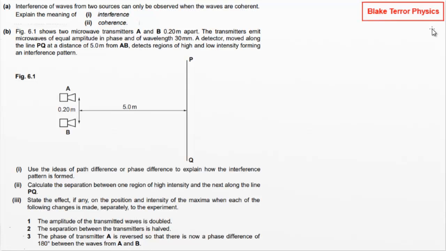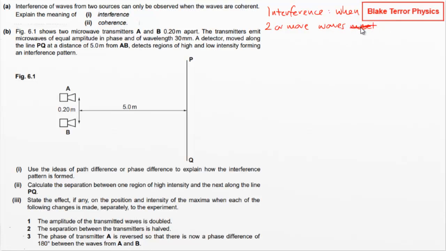Interference of waves from two sources can be observed when the waves are coherent. Explain the meaning of interference and coherence. Right, so interference, let's start with that one first. There's quite a lot of things we want to say with this really. So let's start off with, when two or more waves meet at a point in space.